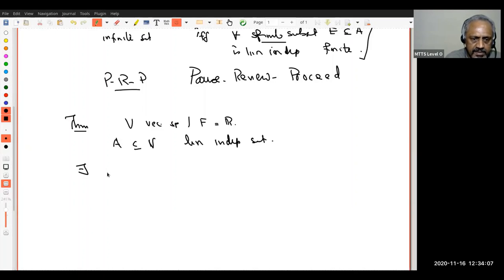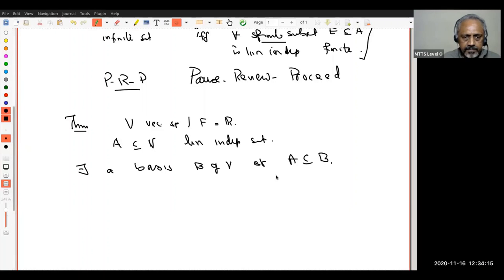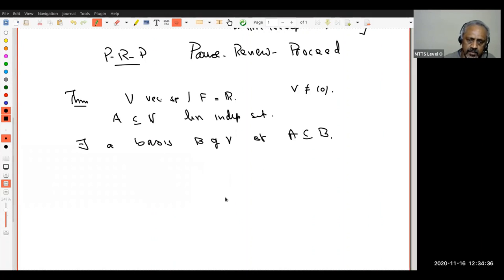Then there exists a basis B of V such that A is a subset of B. So whatever linearly independent set you give me, I can extend it to a basis of the space. We will assume V is not equal to 0 to avoid triviality. Is the statement clear? Now we want to prove that. The proof is easy.